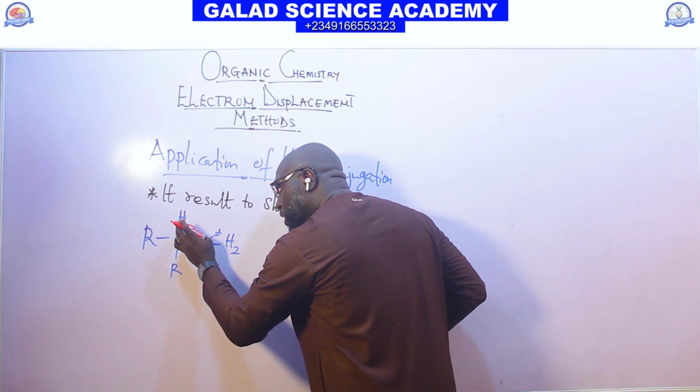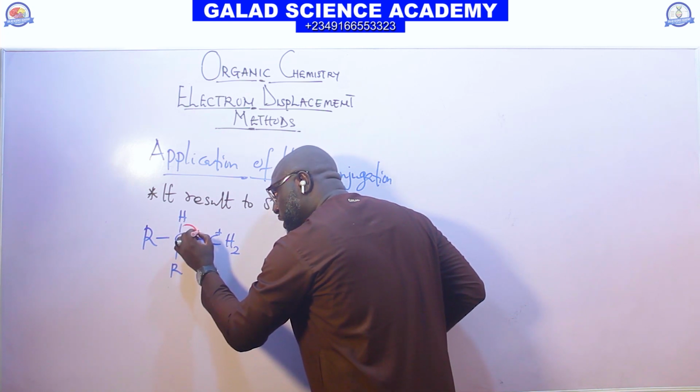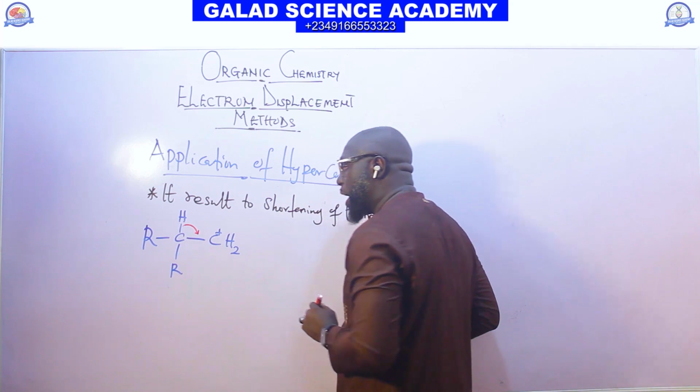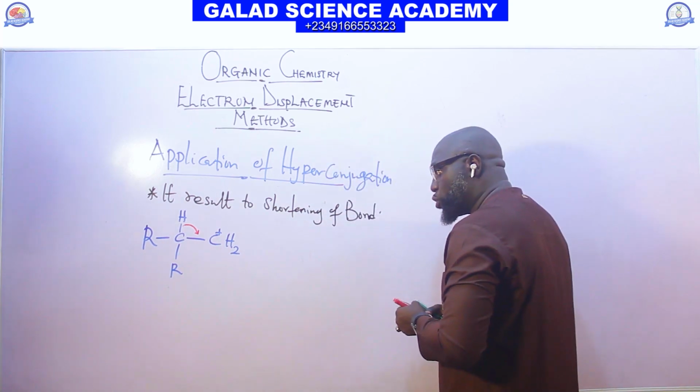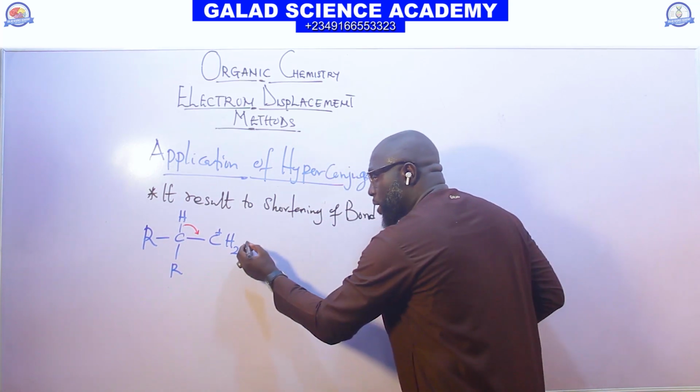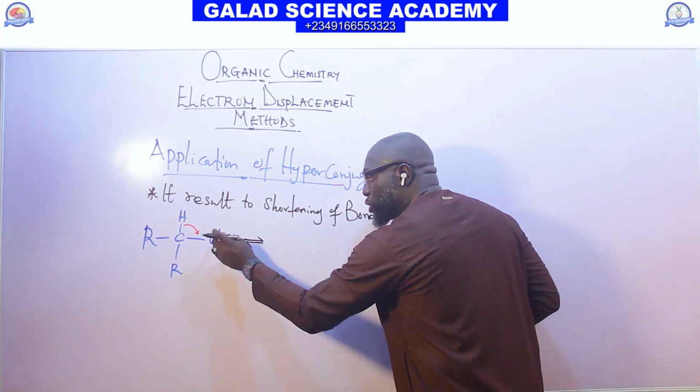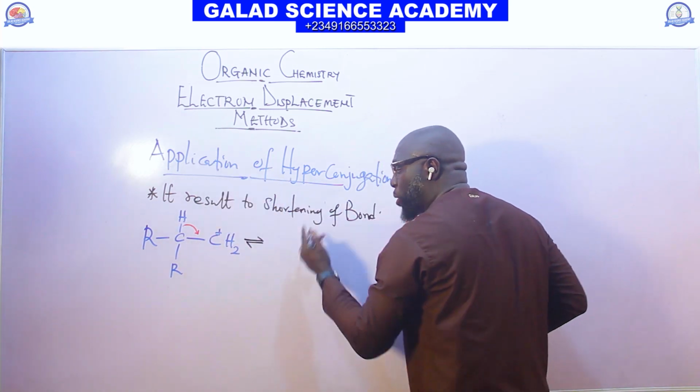The shifting of alpha hydrogen to the empty p orbital here is called hyperconjugation.